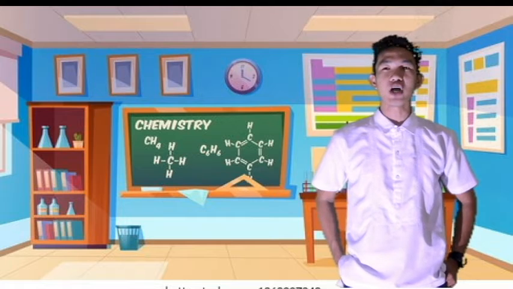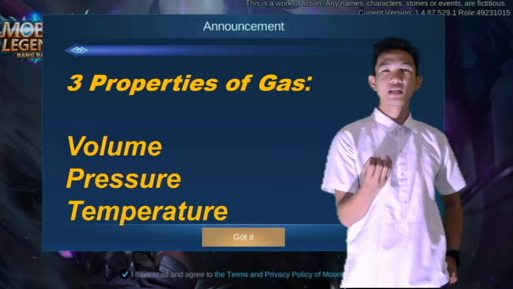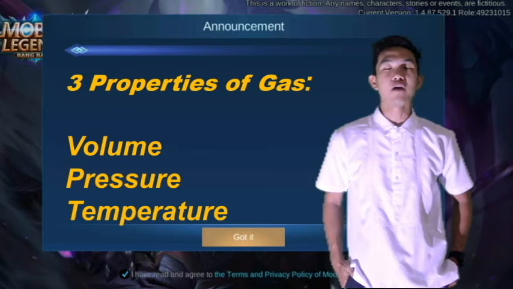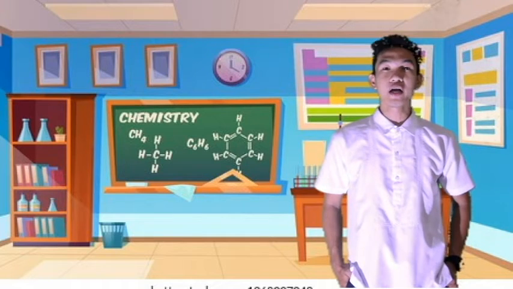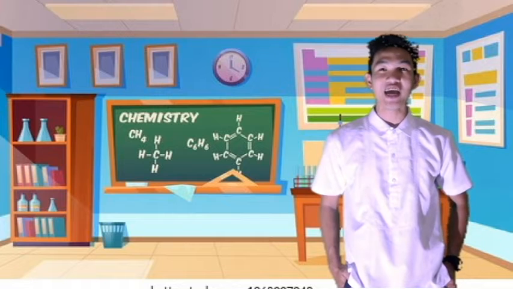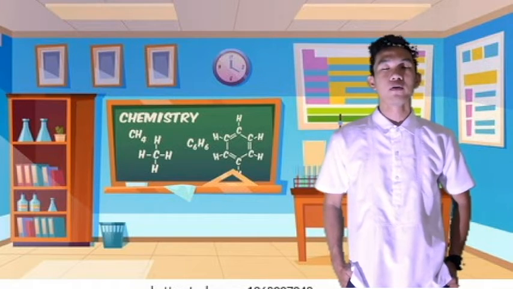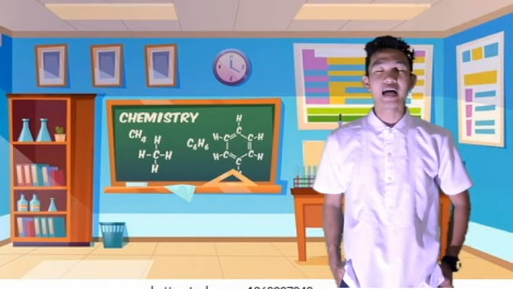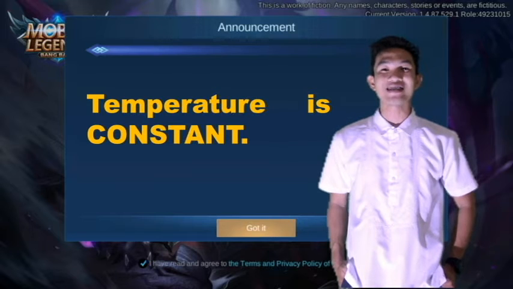In this lesson, we will be dealing with the three properties of gas: the volume, the temperature, and the pressure. If one of these variables changes, there is a corresponding change in the other variables depending on their relationship. Always remember, class, that in Boyle's law, the temperature is always constant.